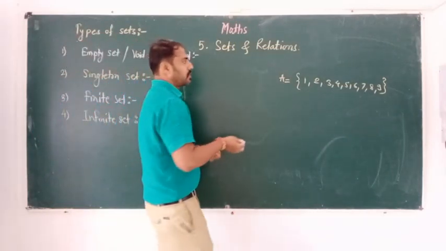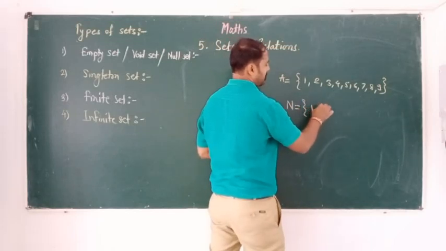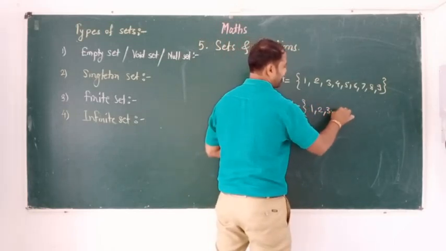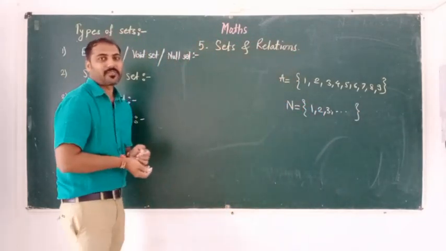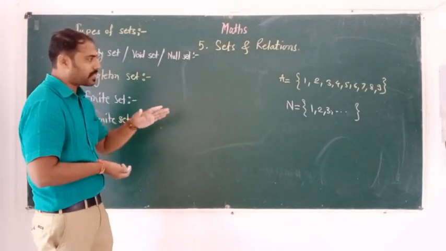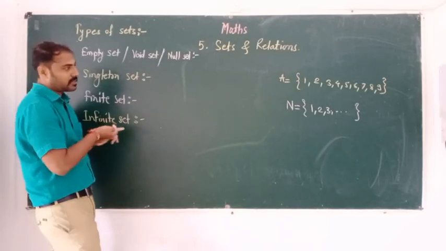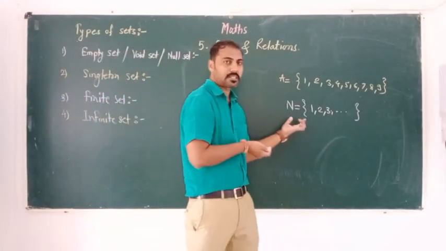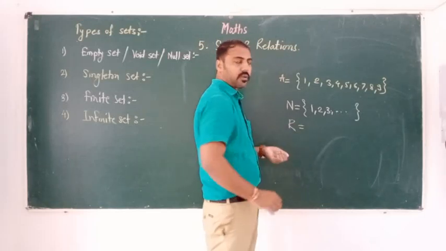For example, the set of natural numbers. How many elements are there? Don't know. These elements are infinite. So it is an infinite set. The set of real numbers is also an infinite set.